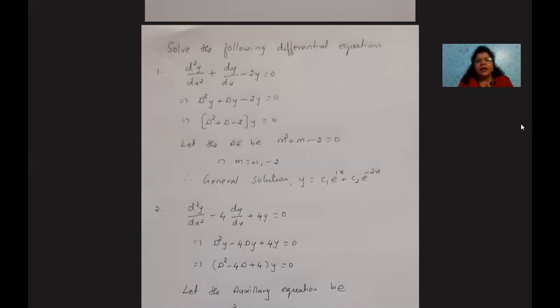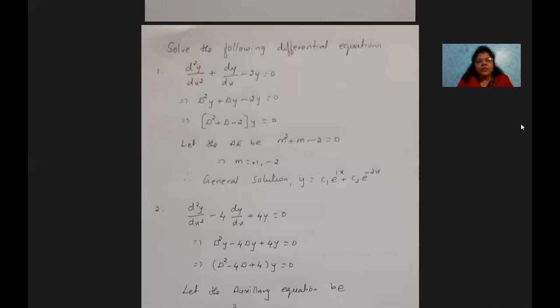First, let me learn how to solve differential equations of 2nd order. Example first: d square y by dx square plus dy by dx minus 2y equal to 0.